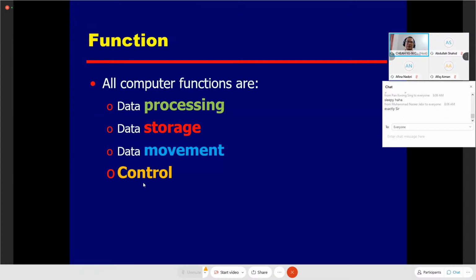On the slide, the first one is data processing, which is very important. The other one is storage of data. The third is the movement of data. And finally, the fourth is the control of the data, or rather, control of how it moves.